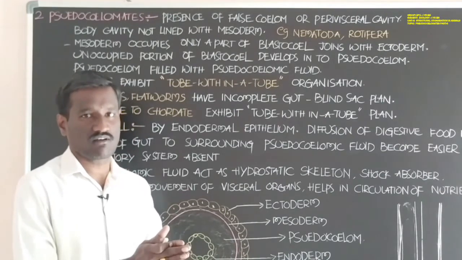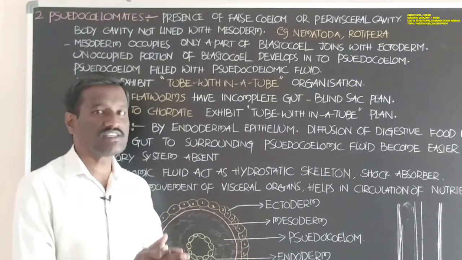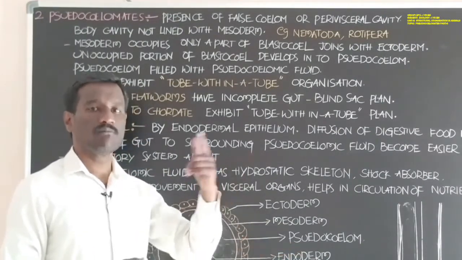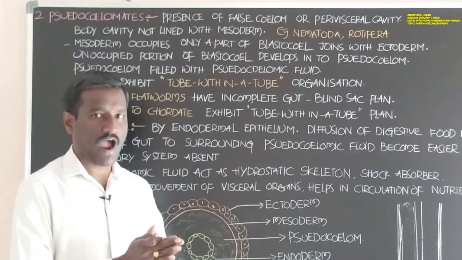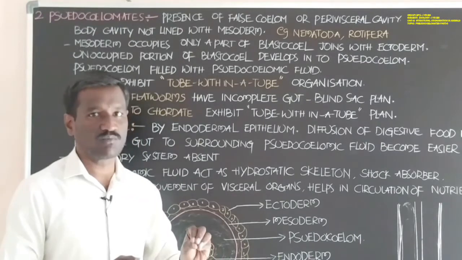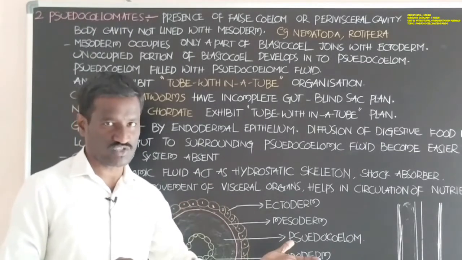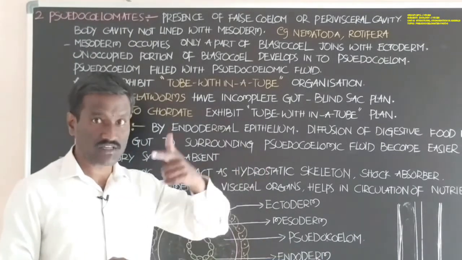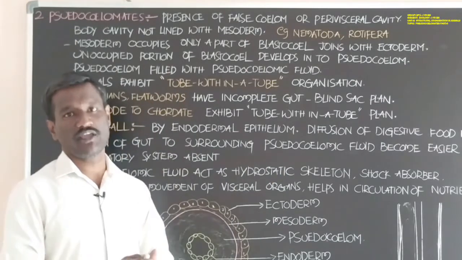The mesoderm occupies a small portion of the blastocoel, which is formed at the blastula stage of the embryo.